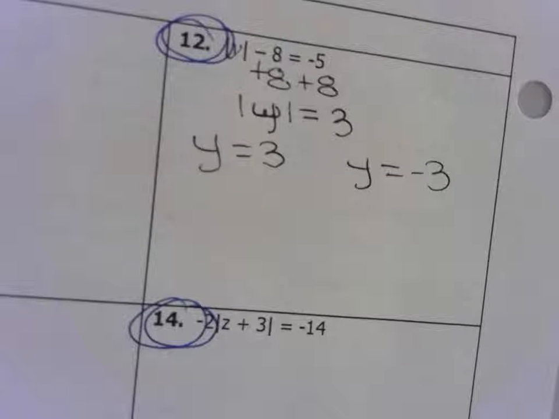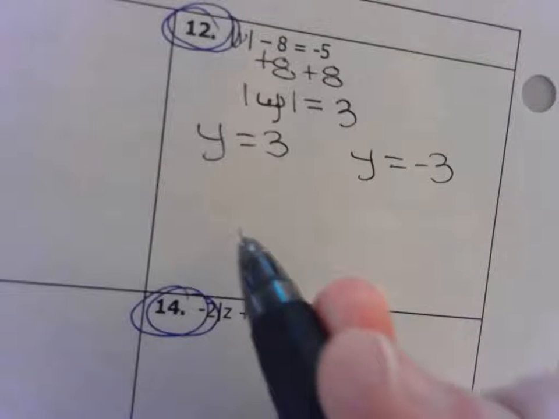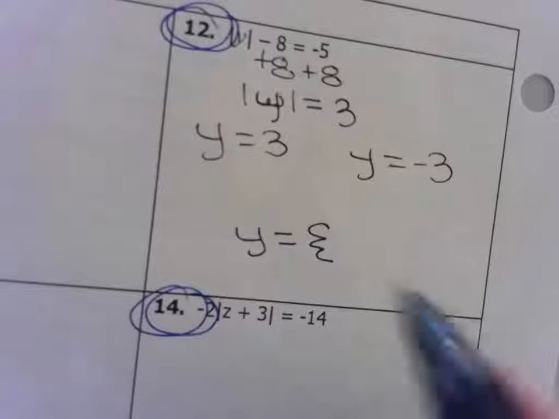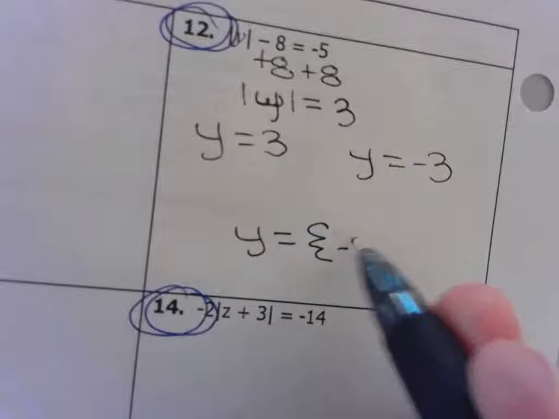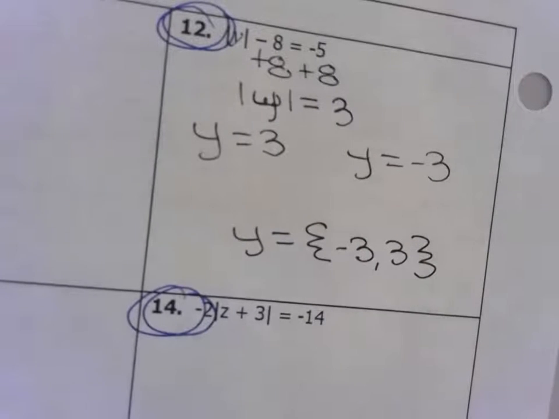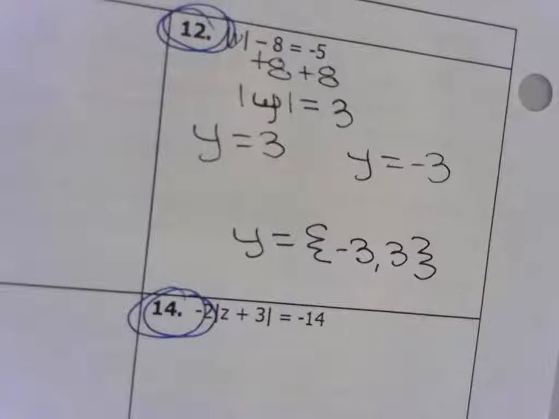The next step is to solve these equations. Well, they're already Y equals. They're already solved. So my solution set would be Y equals the set, which is the fancy bracket, of negative 3, comma 3. So these were already solved because they were already Y equals. So you just have to get rid of the numbers outside the absolute value first before you split it into 2.